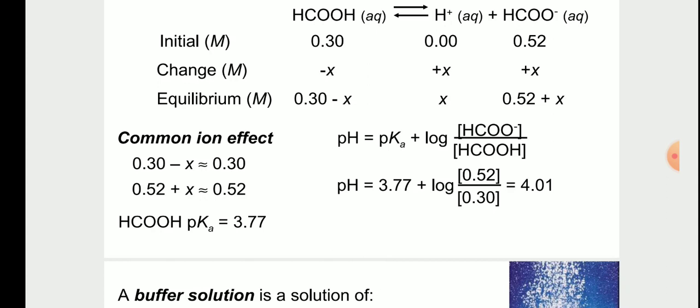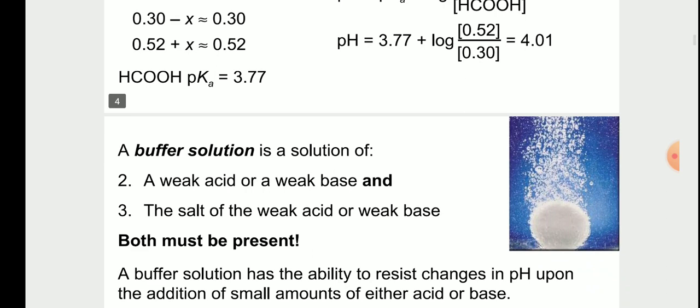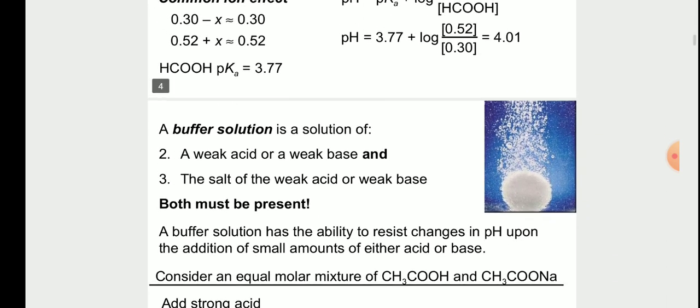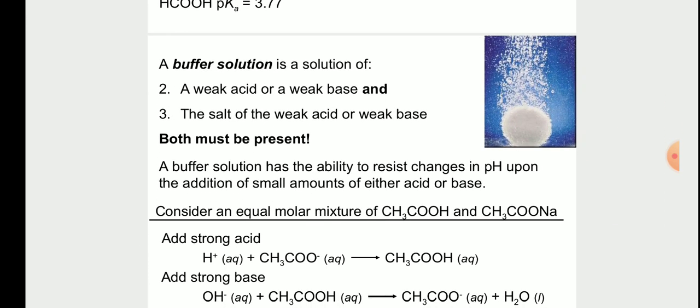Clear? There will be this type of problem, and now we will elaborately discuss the buffer solution. A buffer solution is a solution which resists the change of pH after the addition of a small amount of acid or base.